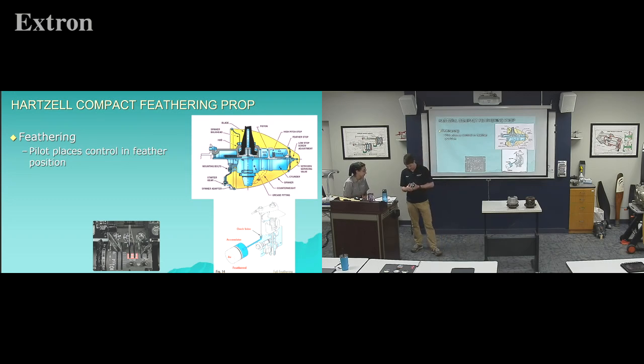So, I guess I'm confused, what are the flyweights doing? If we're compressing it by the throttle, not throttle, prop control, right, it's prop control. Correct.